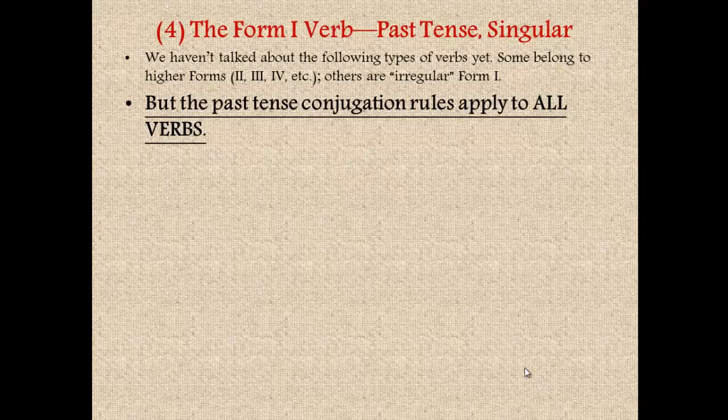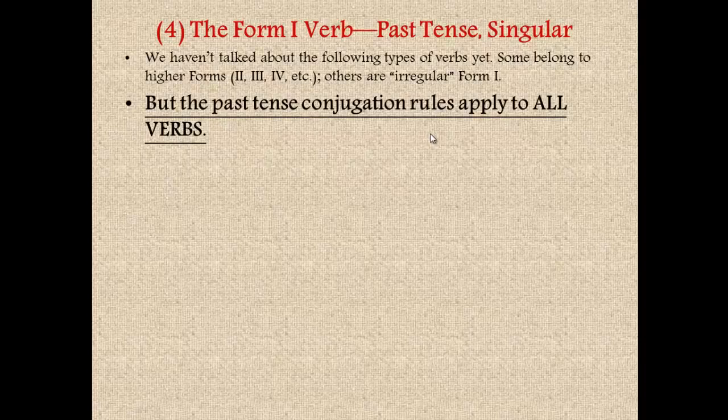Now, we haven't talked about the following types of verbs yet, which will appear in just a second. Some belong to higher forms, such as form 2, 3, and 4, etc., and others are irregular form 1 verbs. We will talk about these again in much more detail in the future. But the past tense conjugation rules that we talked about in this lesson apply to all verbs.